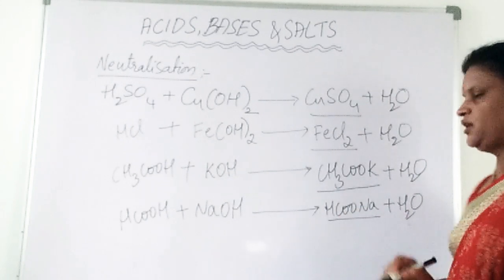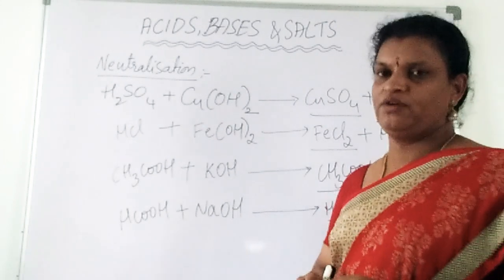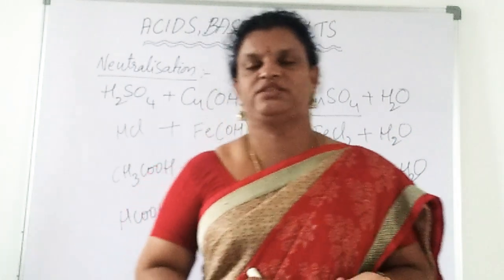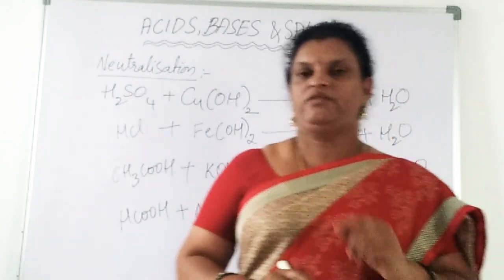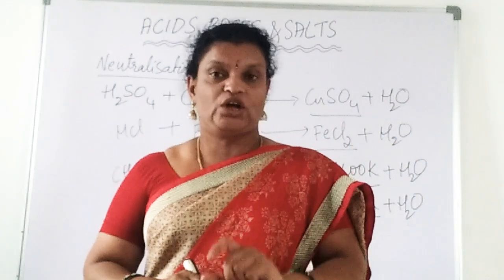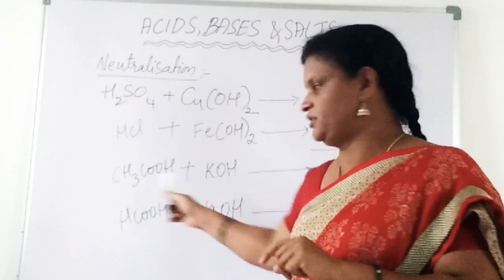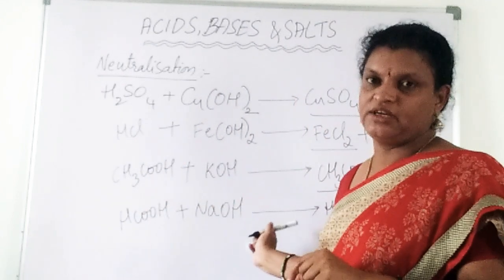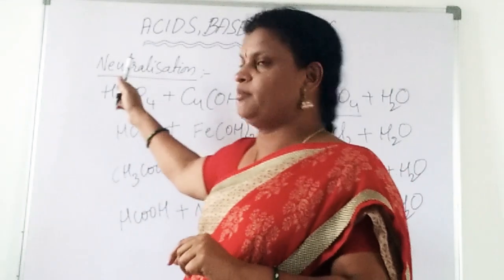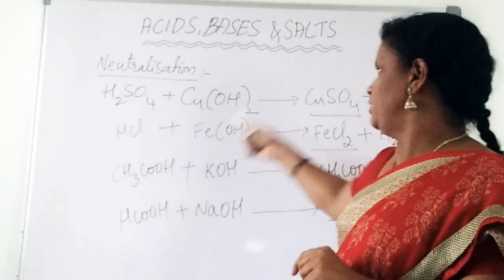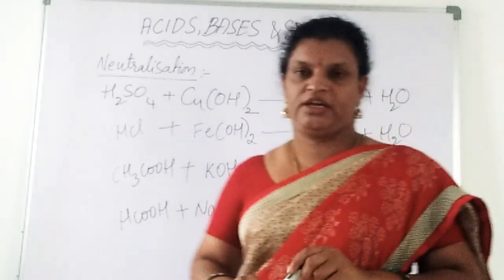So the nature of this salt also will be basic. So if the salt is produced from strong acid and strong base, it is neutral in nature. If the salt is produced from strong base and weak acid, it is a basic salt. If the salt is produced from strong acid and weak base, the salt will be acidic in nature.